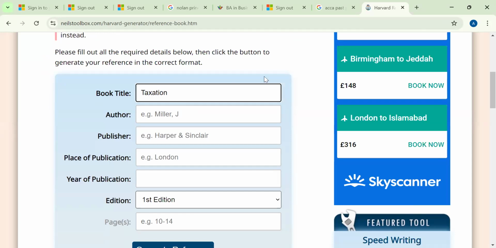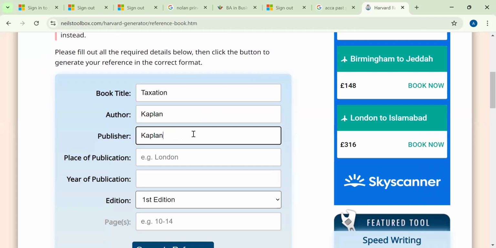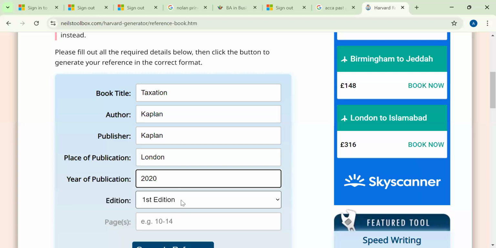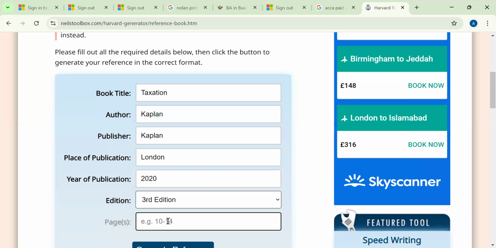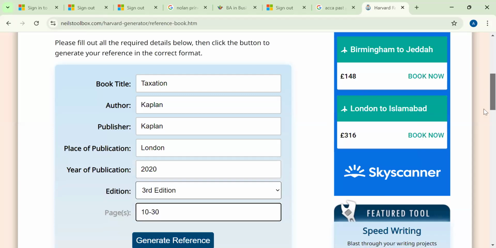If we look at the authors, let's say the author is Kaplan itself, and the publisher is Kaplan as well. The place of publication, let's say London, was written inside the book, and the publication year was 2020, and it was, let's say, the second edition, or whichever edition it was, and you read pages 10 to, let's say, 30. In between you read it and you used it.